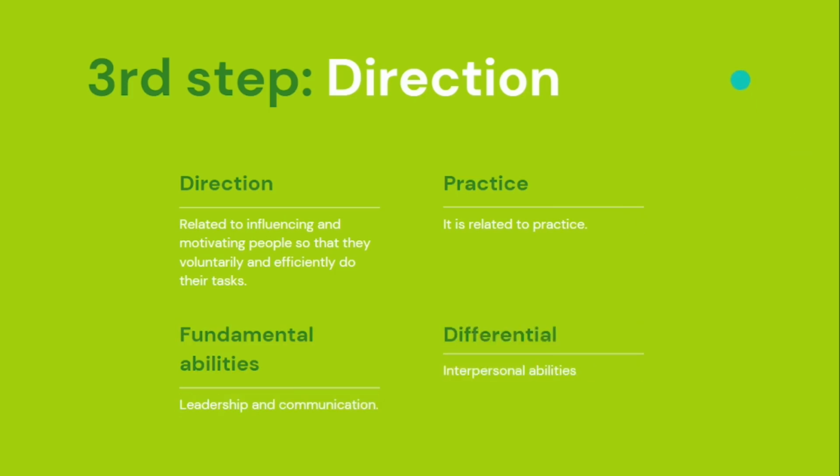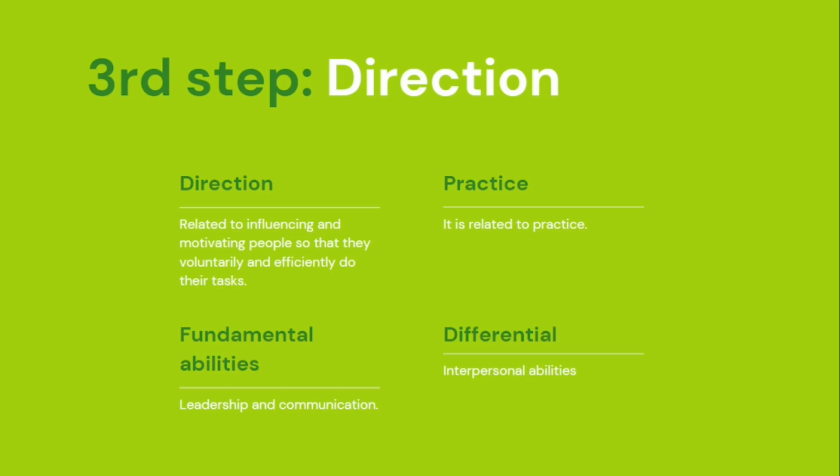And the third step is direction. Direction is related to influencing and motivating people so that they voluntarily and efficiently do their tasks. So you have to motivate people to do things not in a forced way, not under pressure, but voluntarily and efficiently. This is a step closely related to practice. In the first two steps, things had not been started to be done yet.